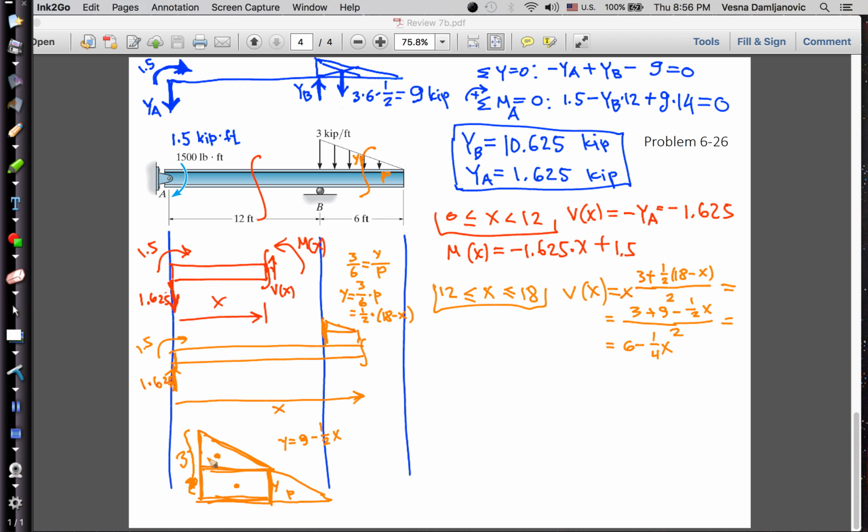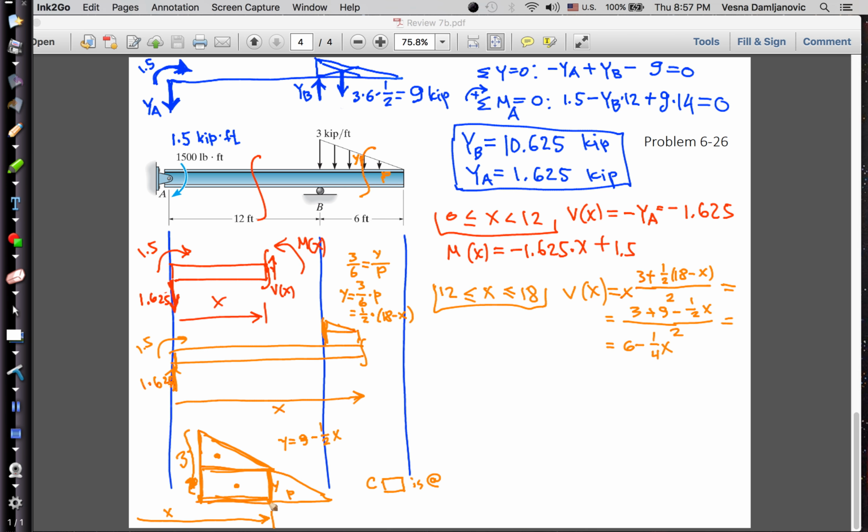All we care about are the horizontal locations. How much is this and how much is that? So this one is going to be equal to, we're counting that from X. So basically X ends here. That's X. And the location of this is at 12. So now we can say that the centroid for the rectangle is at X minus 12.